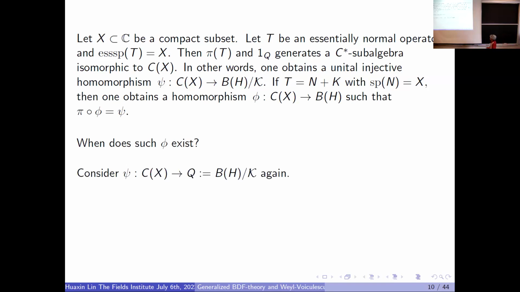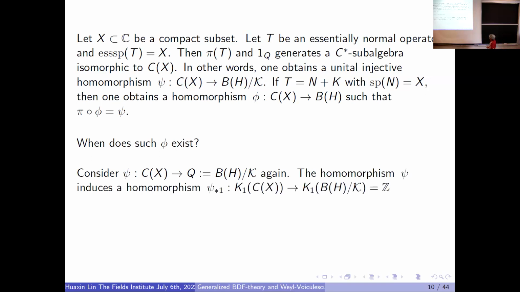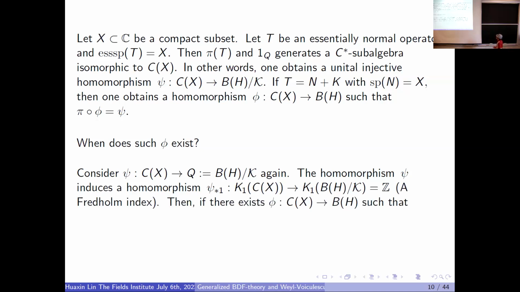Well, if you consider such a map from C of X to the Calkin algebra, the homomorphism induces a homomorphism on the K1 level. K1 of the Calkin algebra happens to be just the integers, and so it's a kind of Fredholm index.